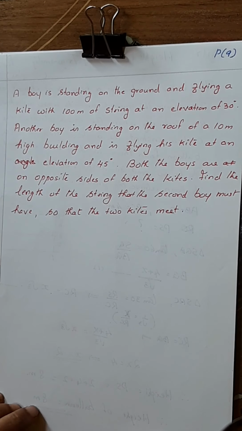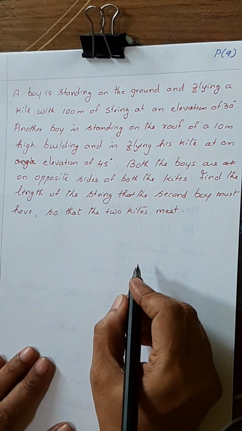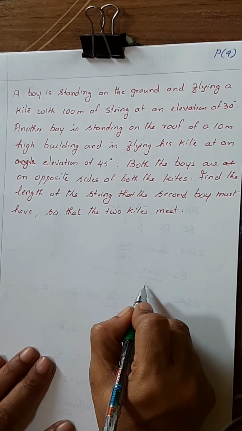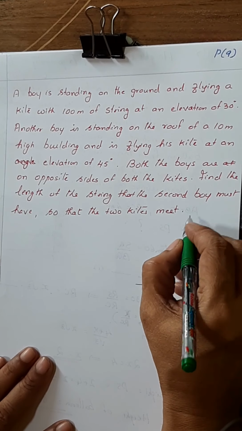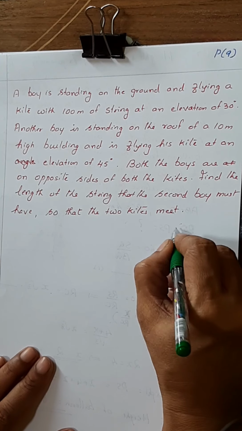A boy is standing on the ground and flying a kite with 100 meters of string at an elevation of 30 degrees. So, we'll first draw the figure. So, the kite is here.